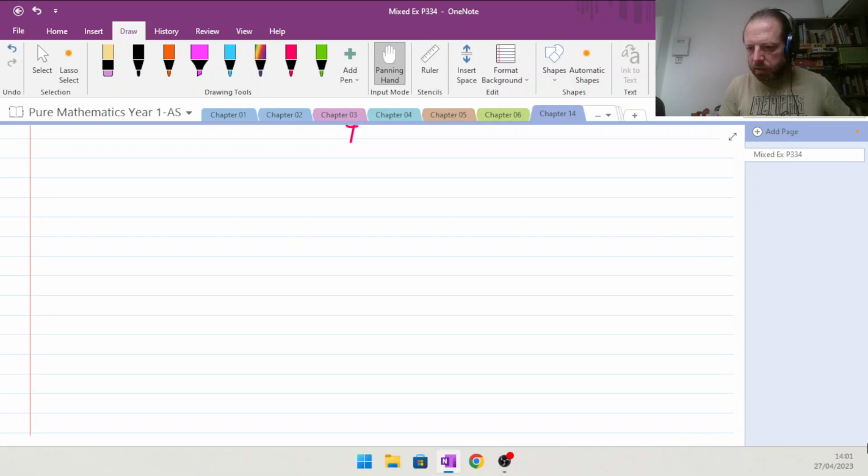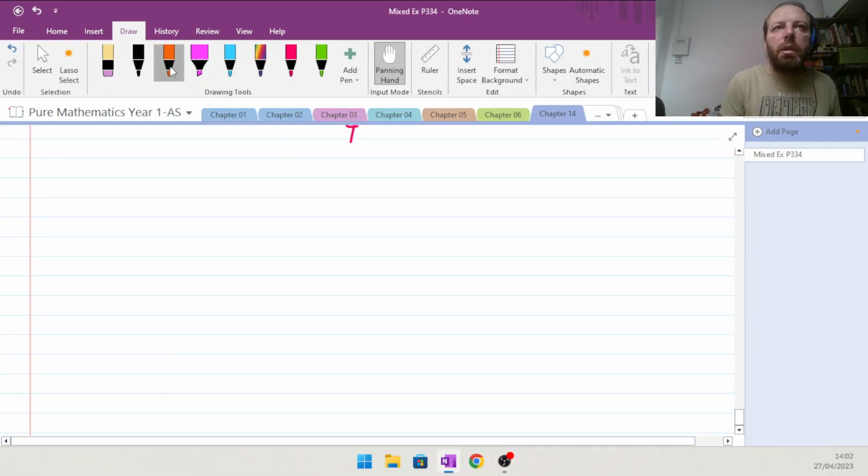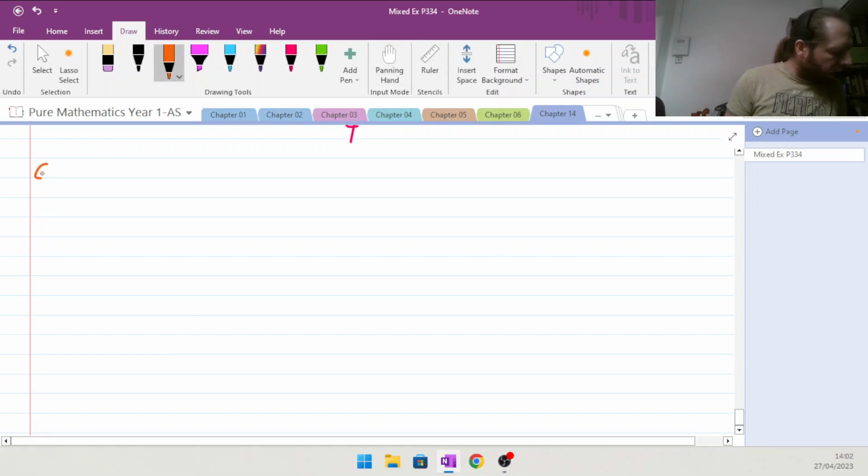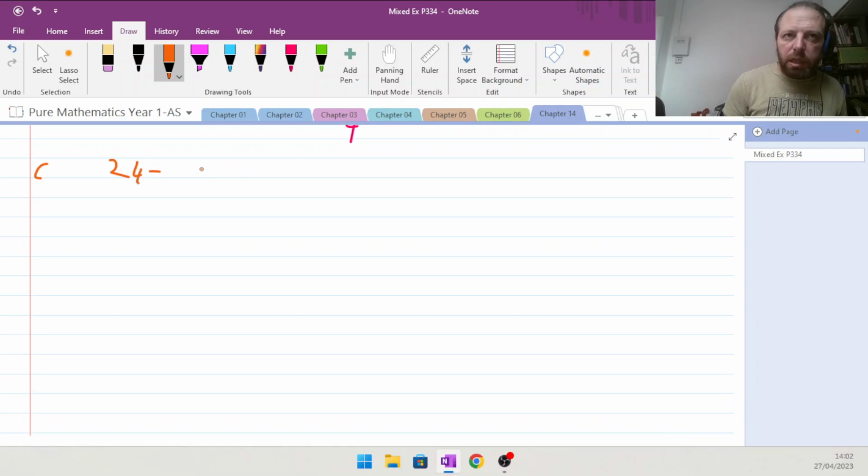Right then. On with C now. C, 24 minus e to the minus 2x equals 10.